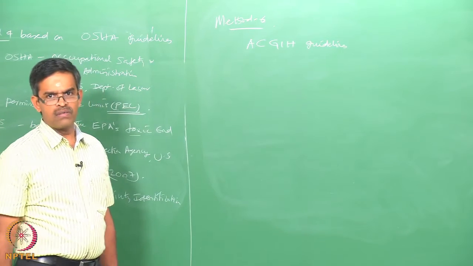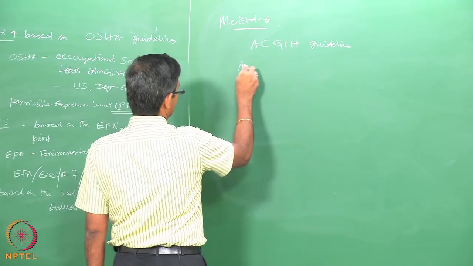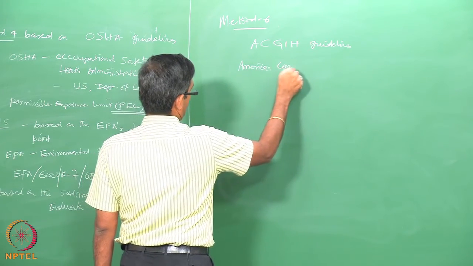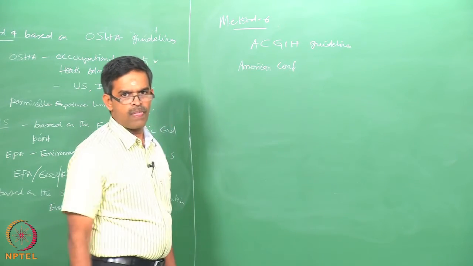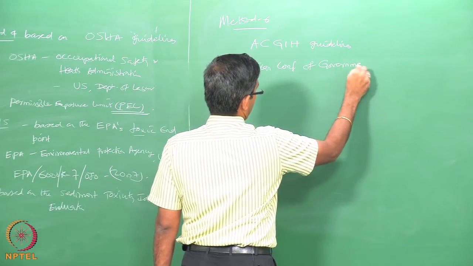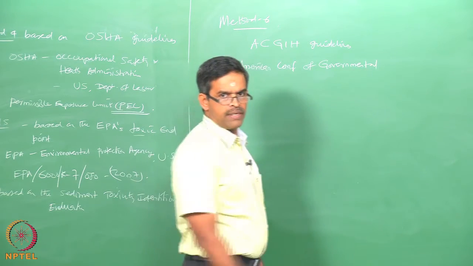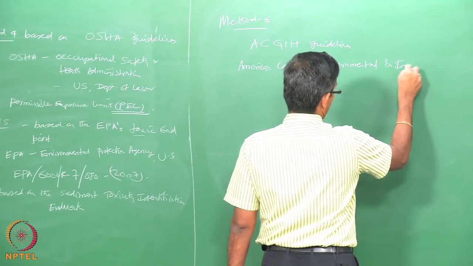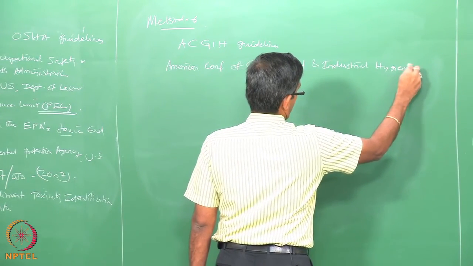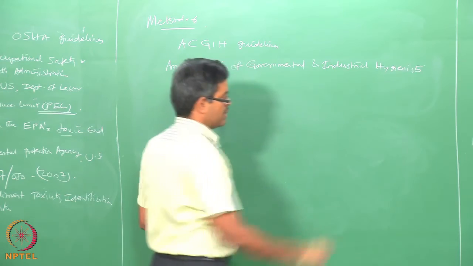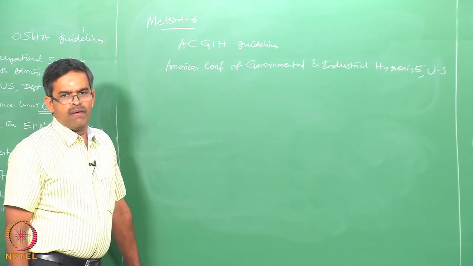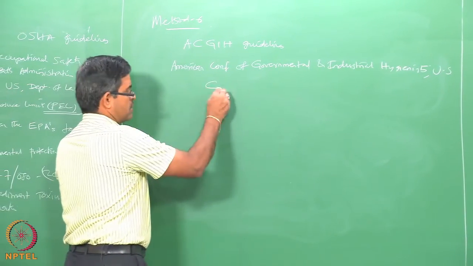ACGIH stands for American Conference of Governmental Industrial Hygienists, United States, which is generally housed in Cincinnati.